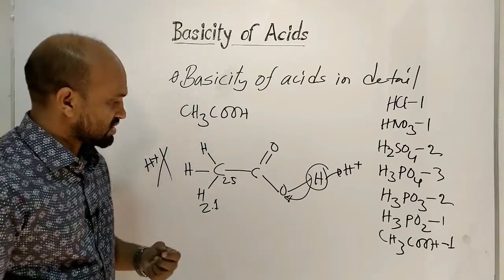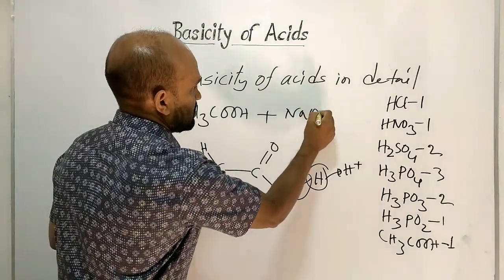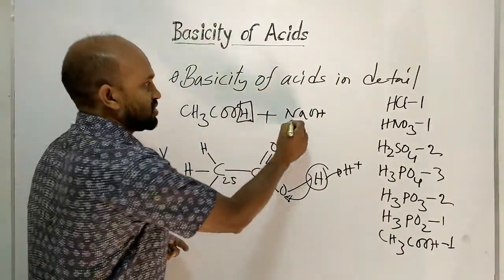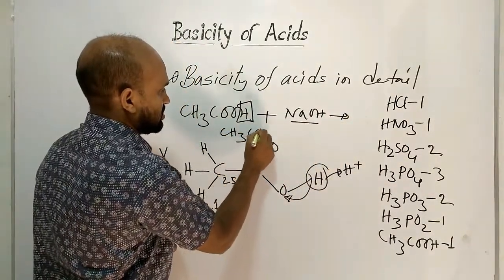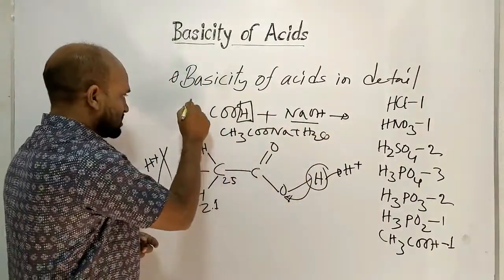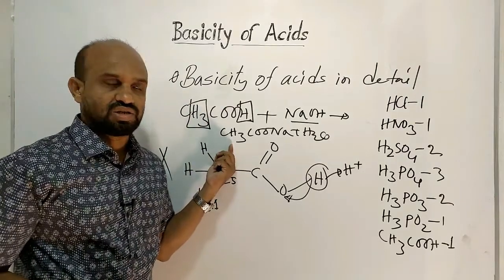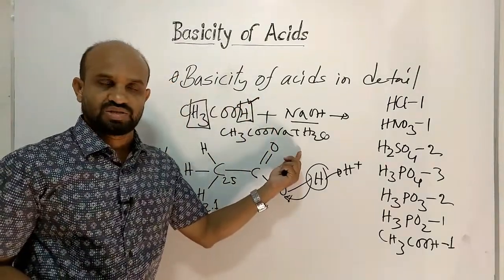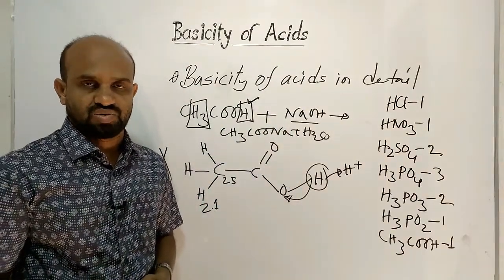And if acetic acid is added to sodium hydroxide, then only this hydrogen is replaced by the base, that is sodium acetate and water. So these 3 hydrogen atoms remain unchanged. Only this hydrogen atom is replaced by the base. That is why the basicity of acetic acid is 1.